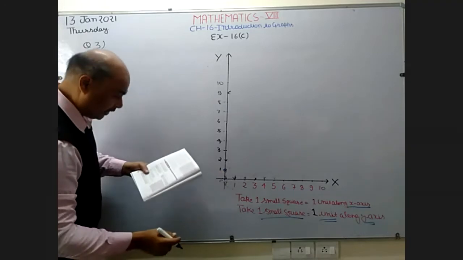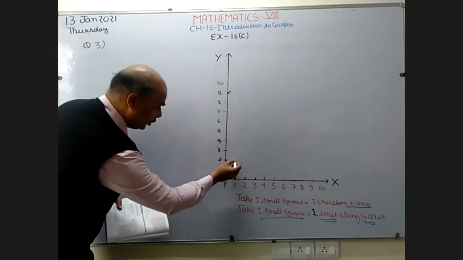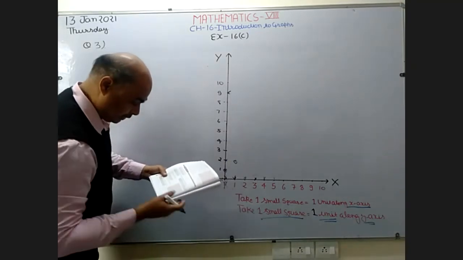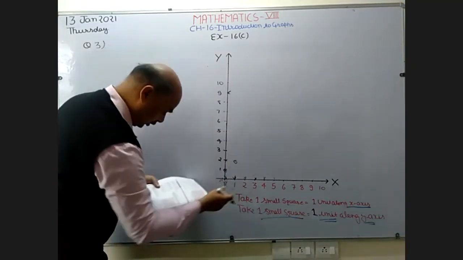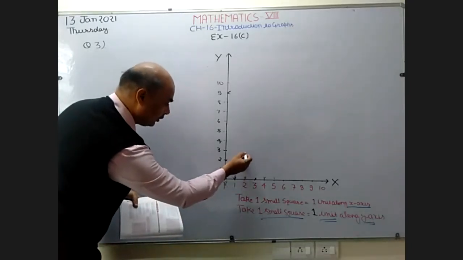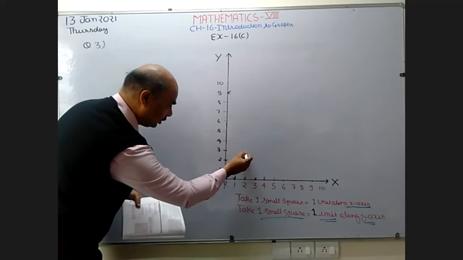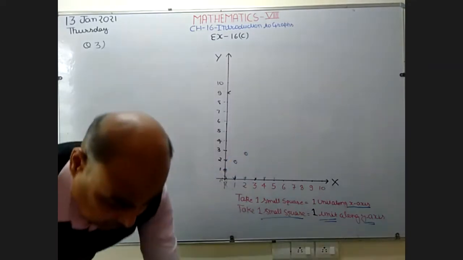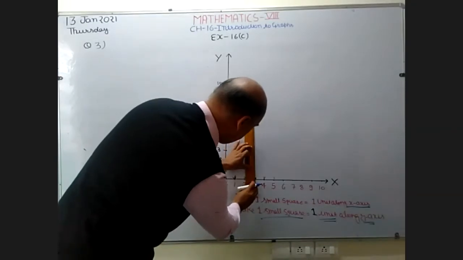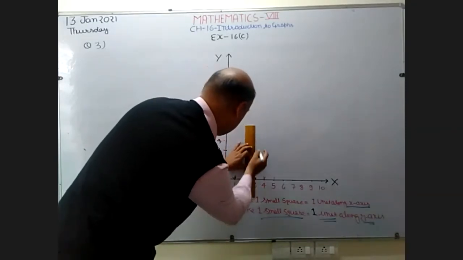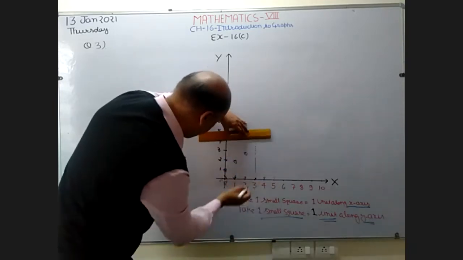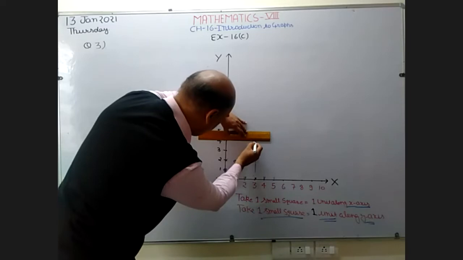After that, 1 and 2 is going to be represented here. Next one is 2 and 3, this point is represented by 2 and 3. Then this is going to be 3 and 4. So where is 4? This point is represented by 4.